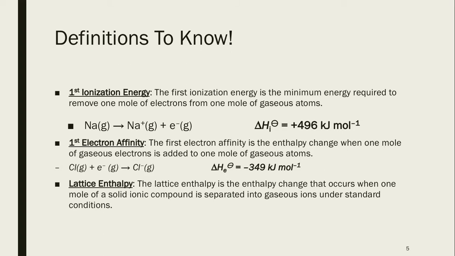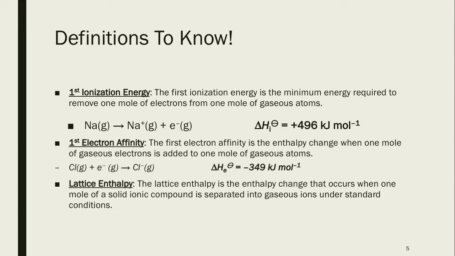Okay, one thing to note, ionization energy is positive. You have to add energy to remove the electron. For the first electron affinity, this enthalpy is always negative. Okay, energy is released when a nonmetal gains an electron to turn into an anion.